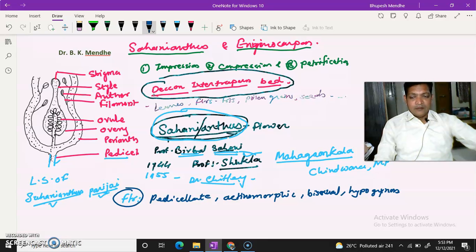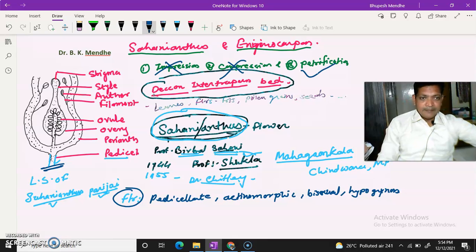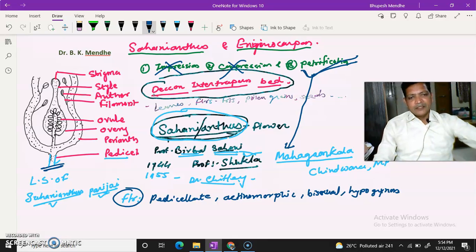This is the short description of the flower, right? In which form was this flower obtained? It is not an impression, it is not a compression, it is a petrified fossil obtained from Mahagaon Kala of Chhindwara district.